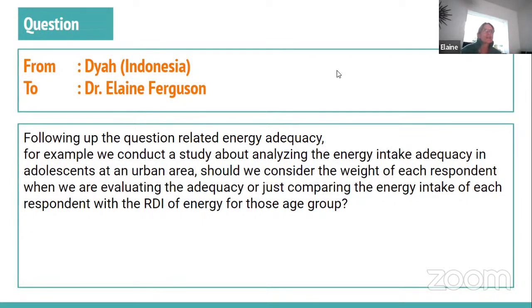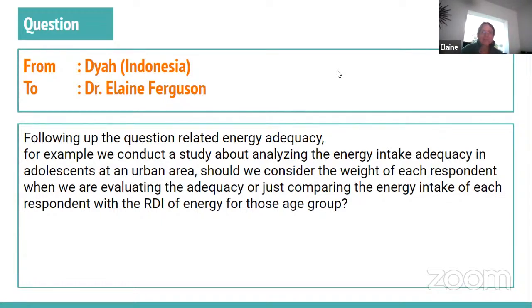If you're doing 24-hour recalls, they could easily be misreporting, not on purpose necessarily, but just because maybe they've forgotten some of the foods that they've eaten. So it is very important when you're collecting dietary data to look at it quite critically, to make a decision on whether or not you believe that there is underreporting of their actual food intake, and then to try to determine how to accommodate that.